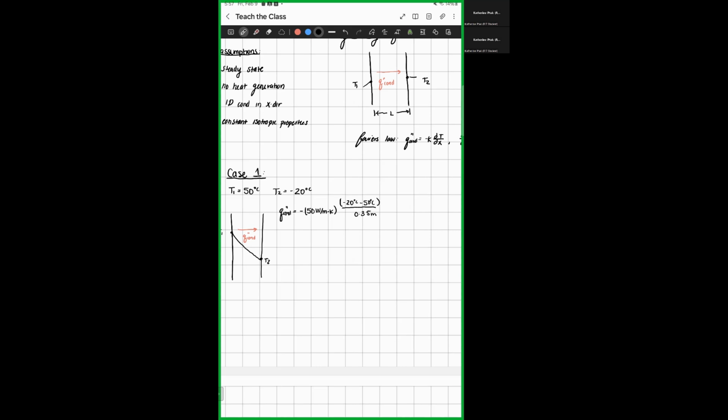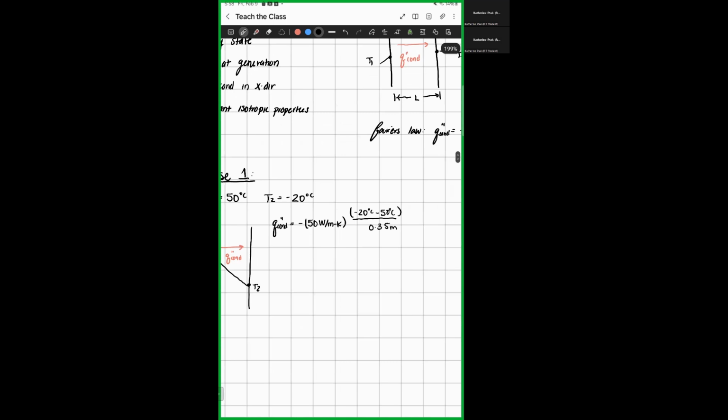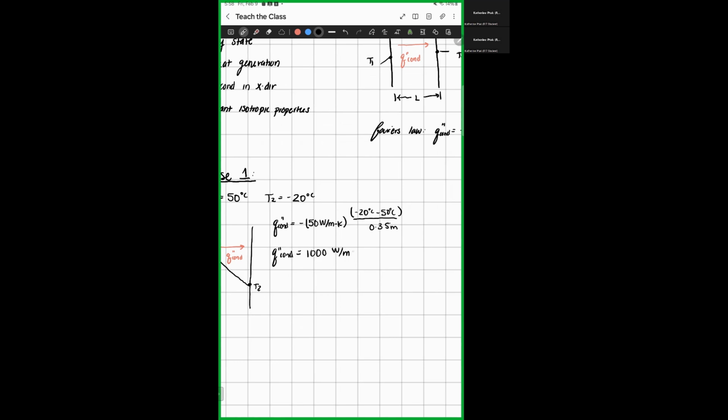Converting between Kelvin and Celsius is only a difference of 273.15, so the difference between two Celsius numbers or two Kelvin numbers will be the same. So when we're doing the math, the Celsius and the Kelvin basically cancel out because it's a difference between them and not just a temperature. And so when you do the math on this, you get Q conduction equals 1,000 watts per meter squared.